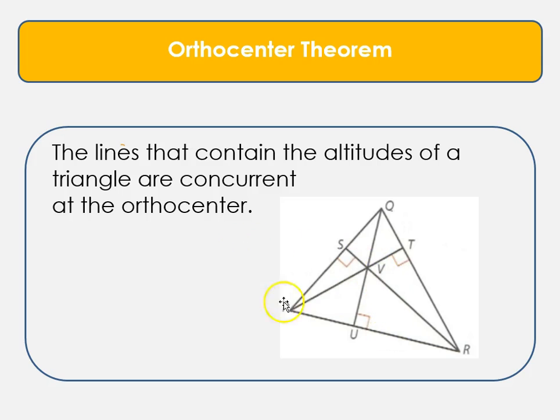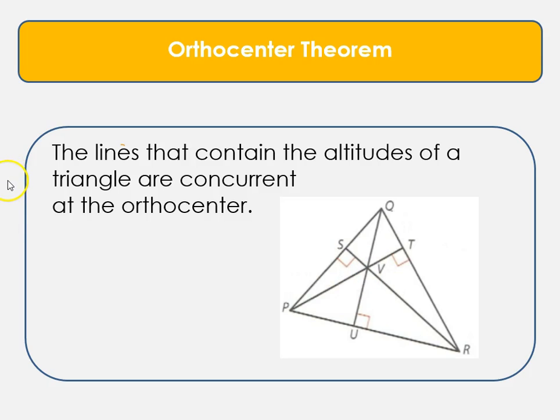These three altitudes drawn in a triangle create the orthocenter. The orthocenter is the point where the lines that contain the altitudes meet, the point of concurrency. Now you only have two centers that you need to remember that have 90 degrees.